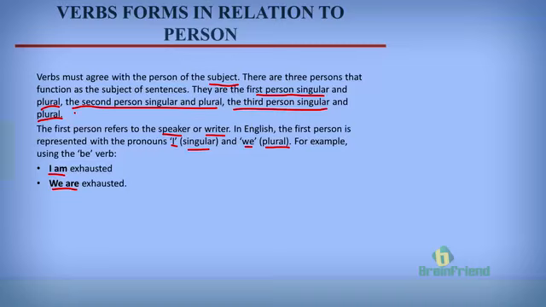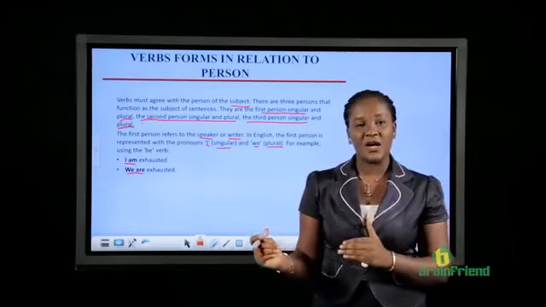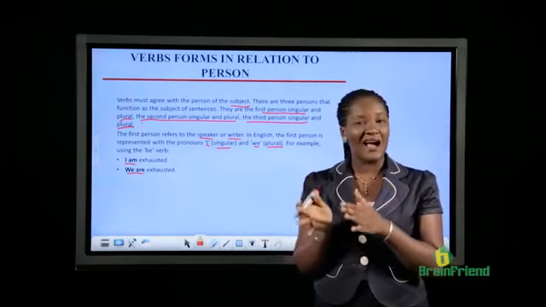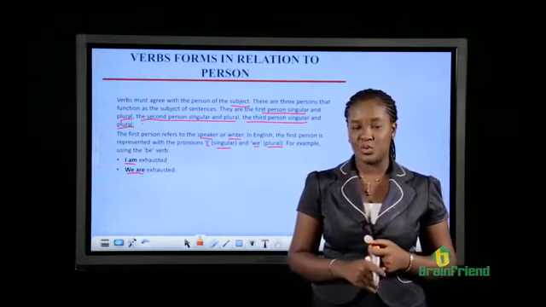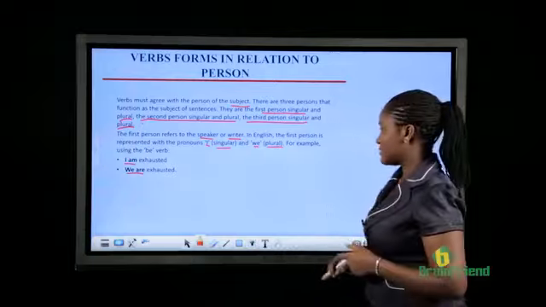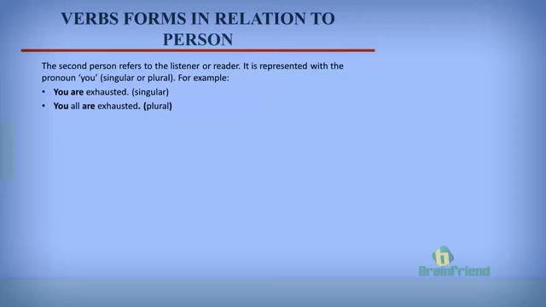It would be wrong to say we am exhausted because am is not suitable for the first person plural pronoun we. It will only be suitable for the first person singular pronoun, which is I. So our verbs must of necessity agree with the person or the subject which we are referring to in our sentence. Now that's for the first person.